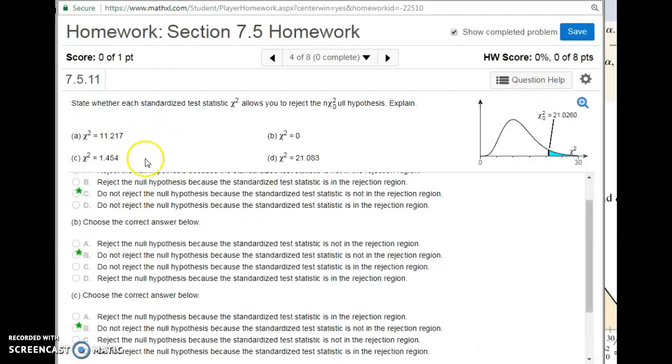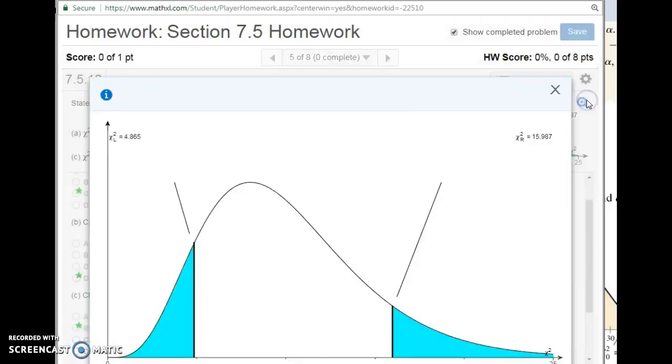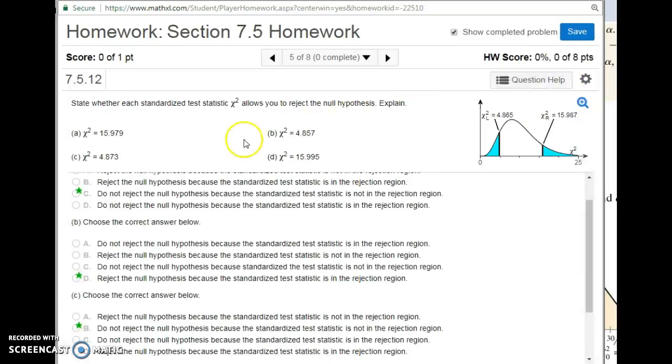So you go through and see if any of these would be rejected. And for a two-tailed test, you would do anything bigger than this critical value or anything smaller further to the left than that critical value. So look through and see if any of those numbers fit inside the rejection region, and if they do, you reject the null hypothesis.